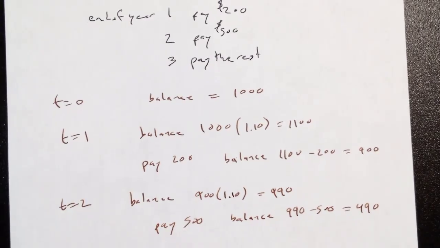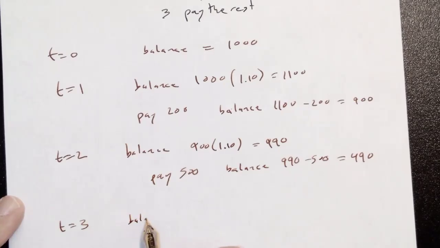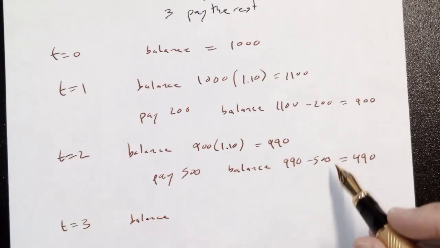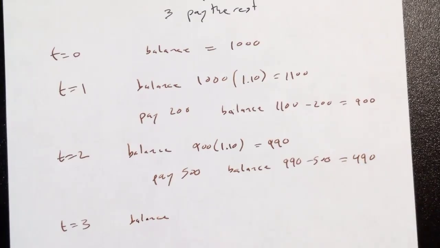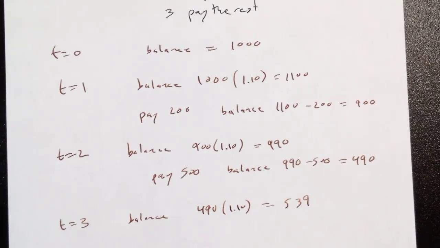When time 3 rolls around, it says I'm going to pay the rest. How much is the rest? Look at what my balance outstanding is. So how much do I owe at the end of the third year? I'm going to pay interest on that for another year, right? 490 times 1.1 is 539.